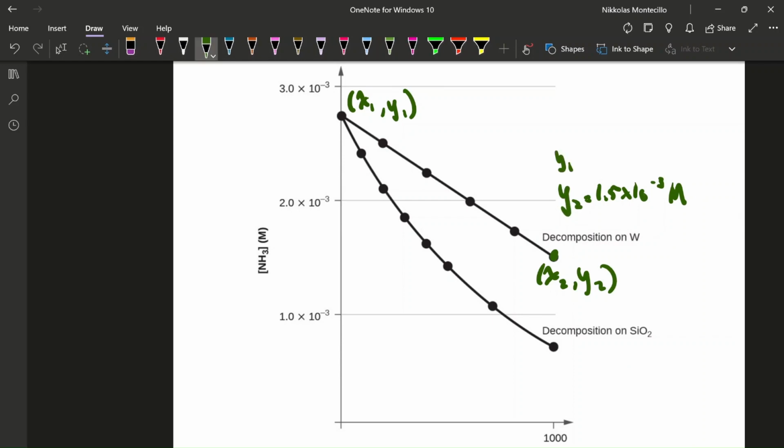And Y1 equals approximately 2.8 times 10 to the negative 3 molar concentration.